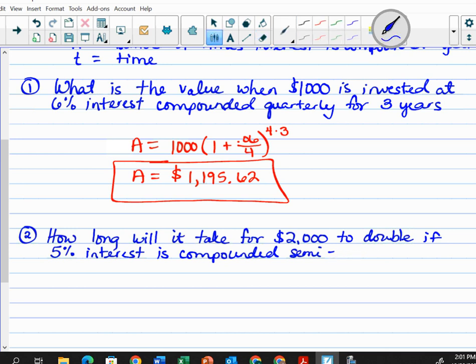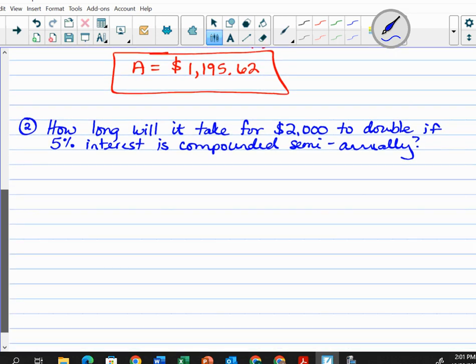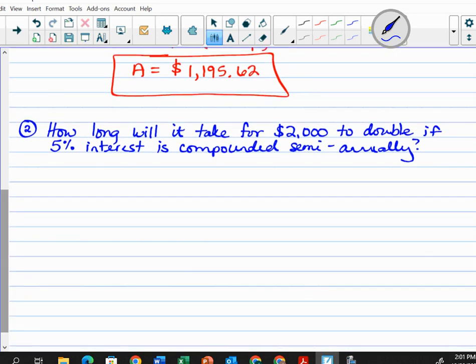So how many times per year if it's done semi-annually? Semi-annually, so what is that, 2 times a year?